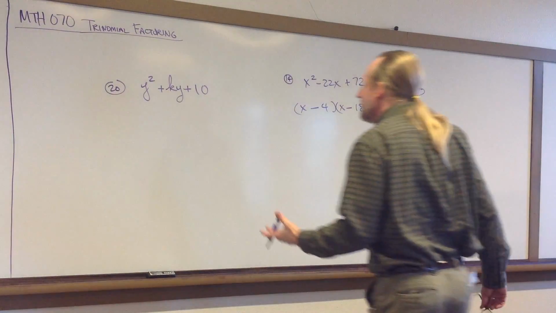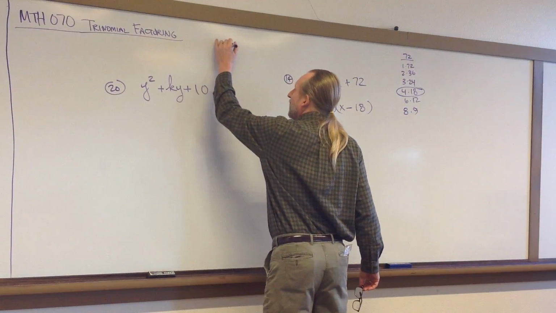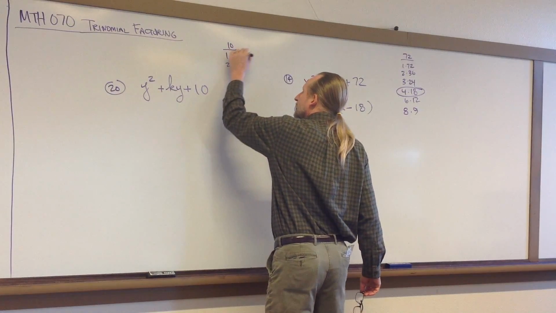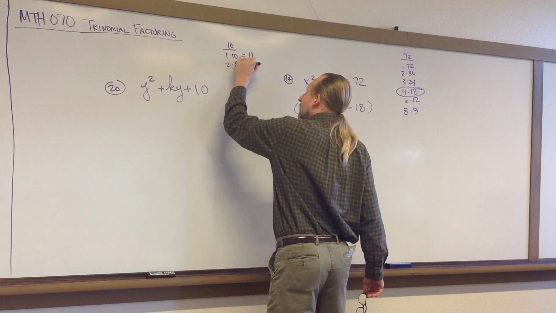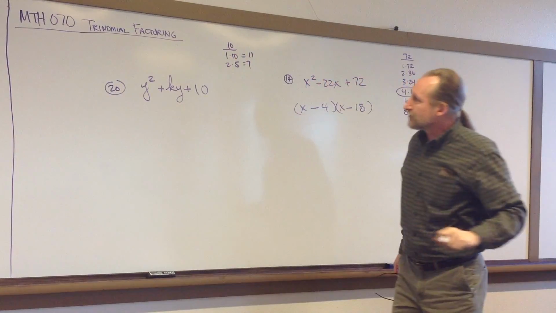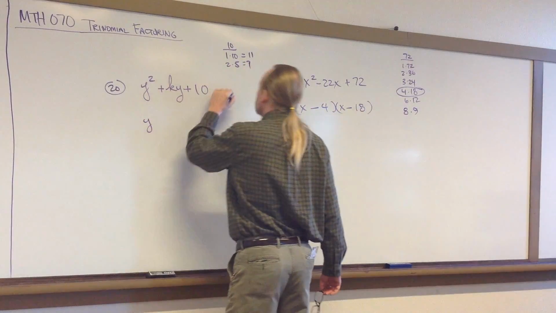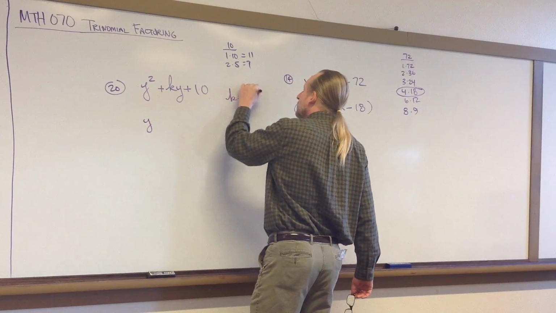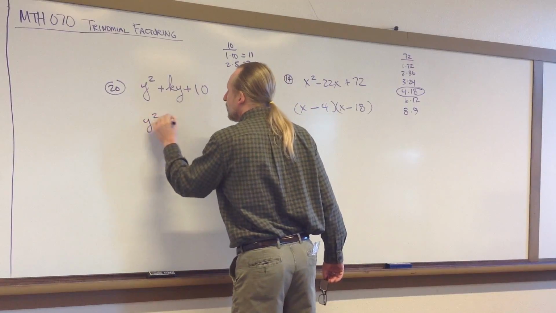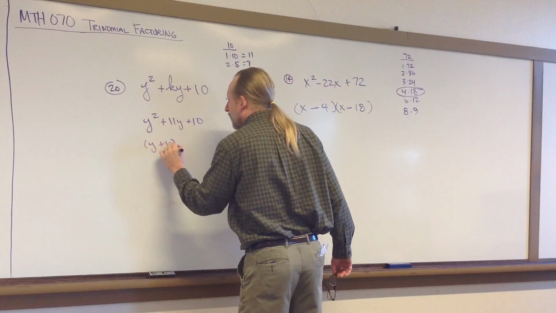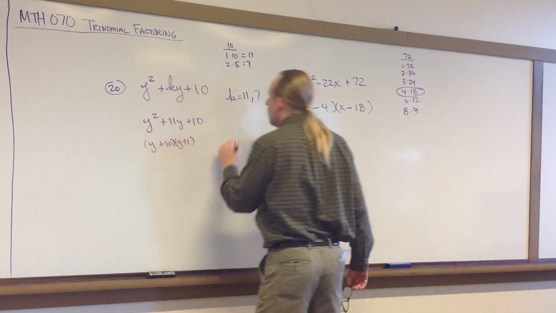So what we're saying here is that if that value for k is the sum of two factors of 10, then this will be factorable. So if this were, let's say, k equals 11 or k equals 7, y squared plus 11y plus 10, that's y plus 10 times y plus 1.